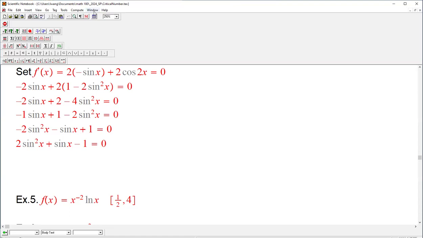You can treat this as a quadratic function: 2u squared plus u minus 1 equals 0, where u equals sine x. So we can factor this.